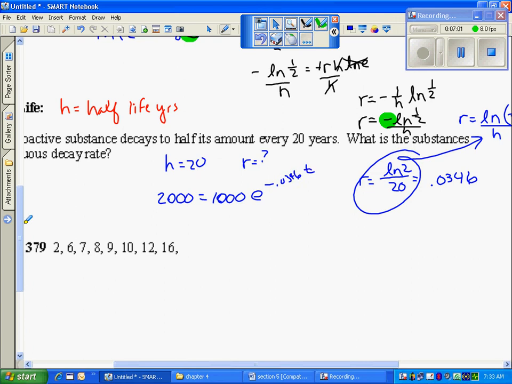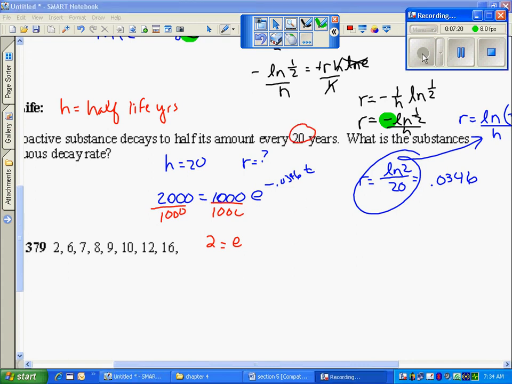Dividing out the 1,000, I get 2 equals e. And if I look at my time here, it says every 20 years. So pretending that I don't know this r that I found earlier, what I'm just trying to show is this formula works out.